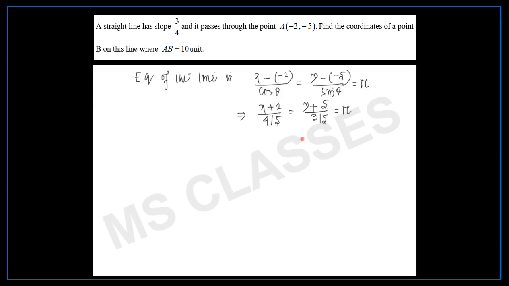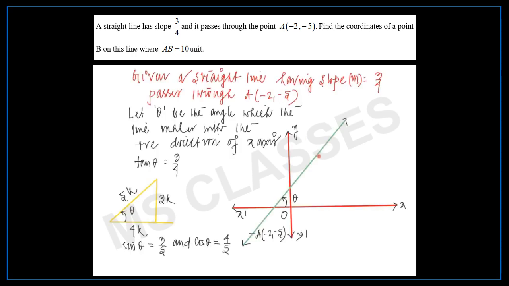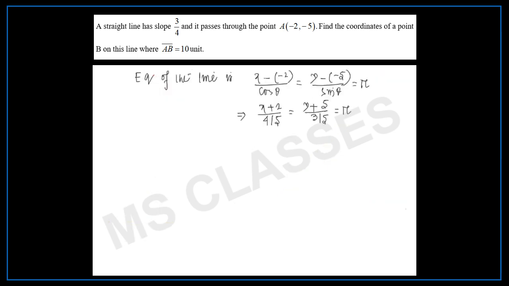Now our requirement is to get a point on this line, which will be at a distance of 10 units. We have to get a point. Suppose the point I consider, I consider the coordinate h comma k. So point B is h comma k. So we can say here that P is h comma k.